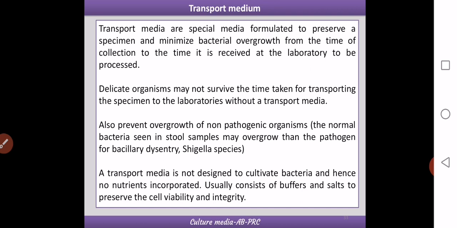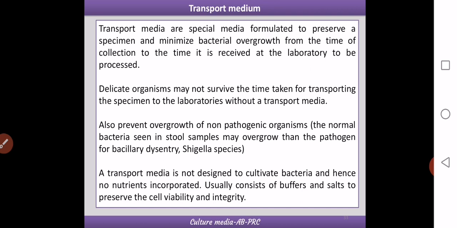So the two important things a transport medium does: after the collection of a sample, they prevent changes. That means they protect against biochemical or other types of changes, right? That means they help them to survive, in short.